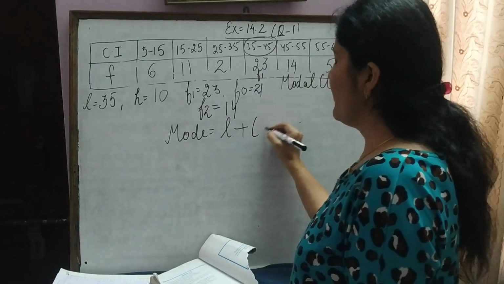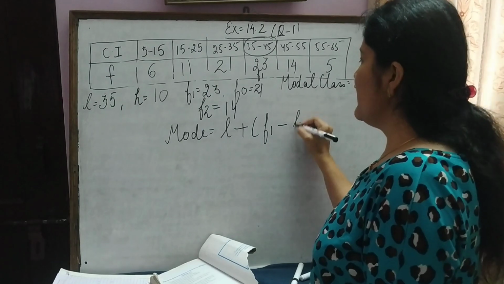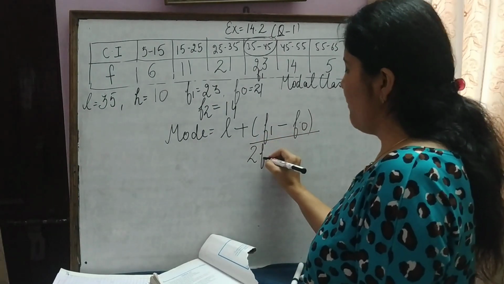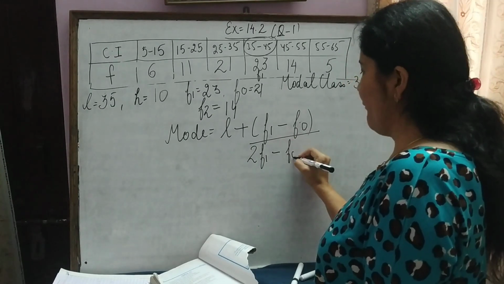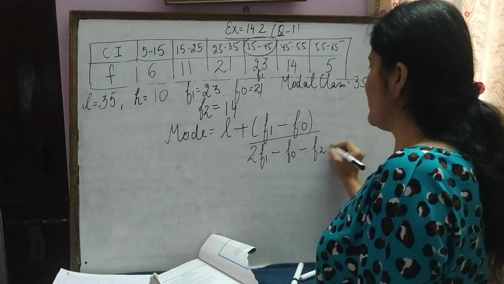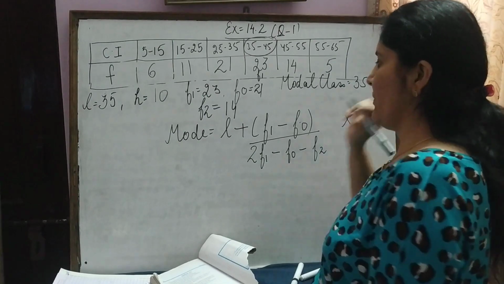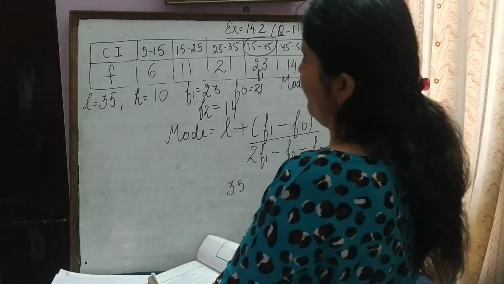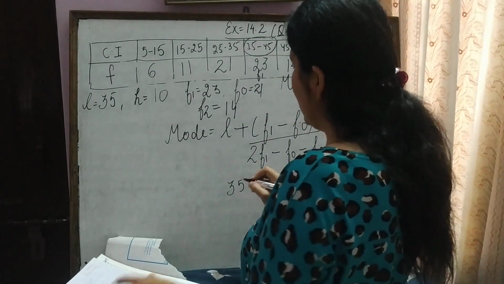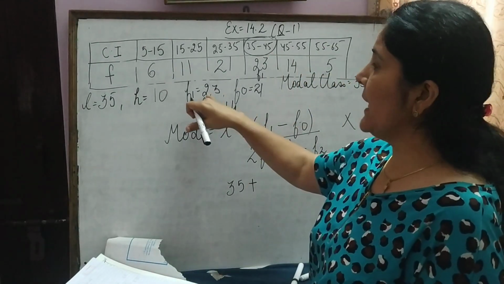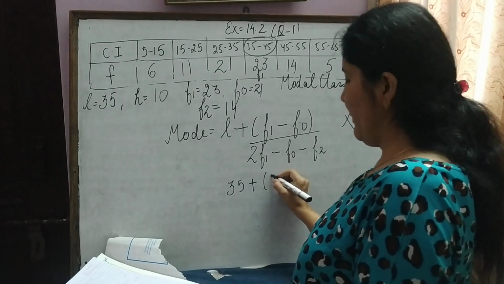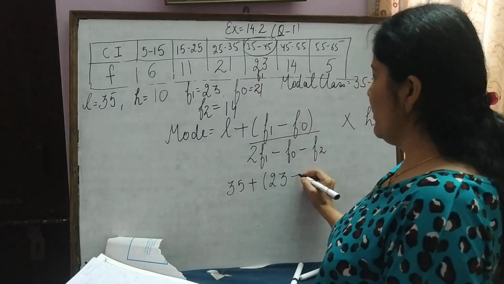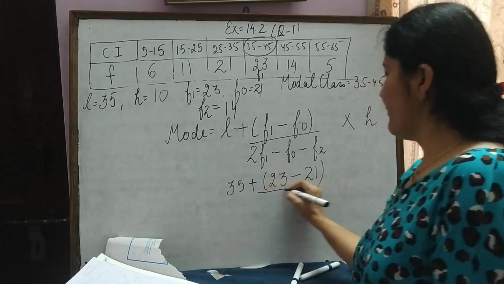L plus (f1 minus f0) upon (2f1 minus f0 minus f2) into h. L is equal to 35 plus f1. You can see what is my f1? 23. f0 is equal to 21.